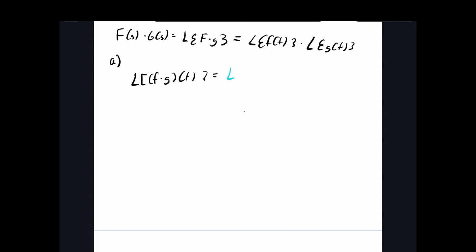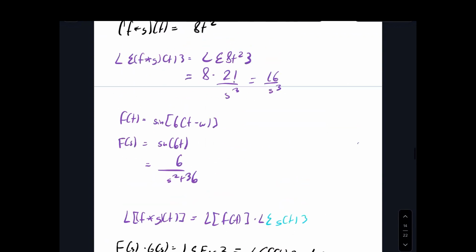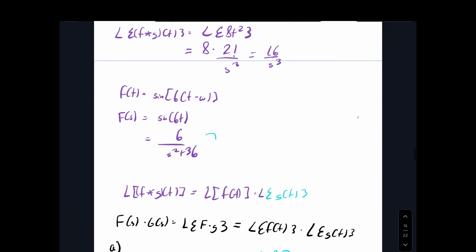So then I could say that I got L of 8t squared. And if I know that, I also know f at s. I only had one function, which was this one right here.